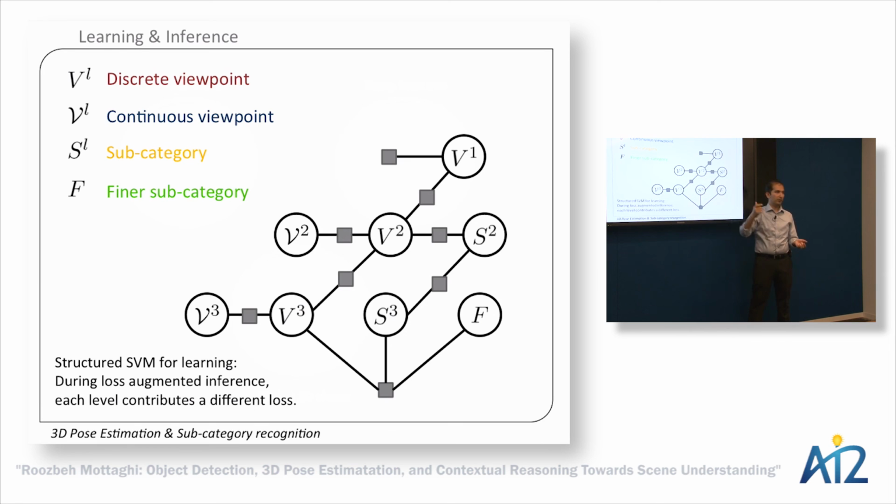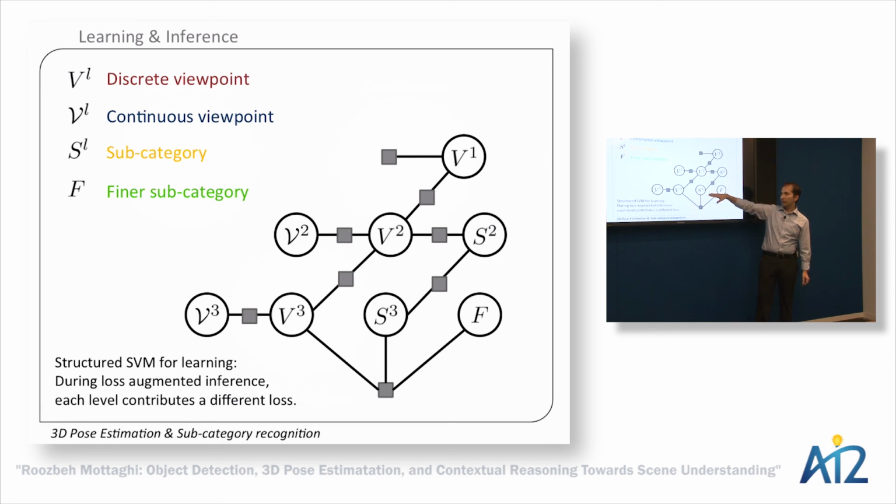The continuous viewpoint provides the depth, the azimuth and elevation. By azimuth, I mean the angle around the car. Elevation is the elevation of the camera with respect to the object, or car in this case. And also we have a variable that captures the subcategory information. It's a random variable that takes values like sedan, race car, truck, and so on.